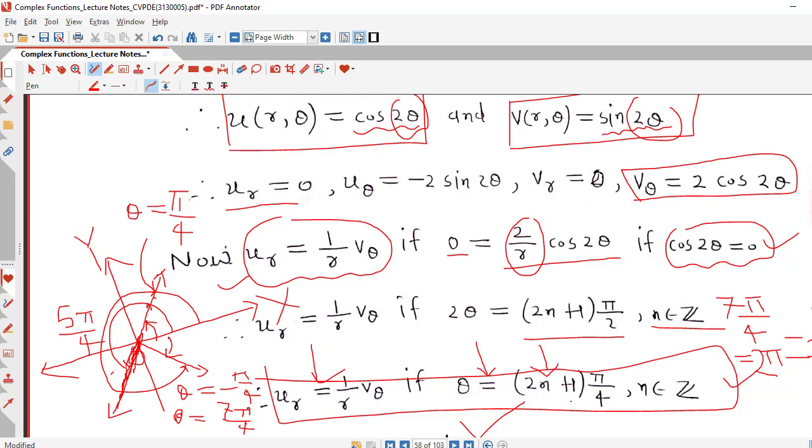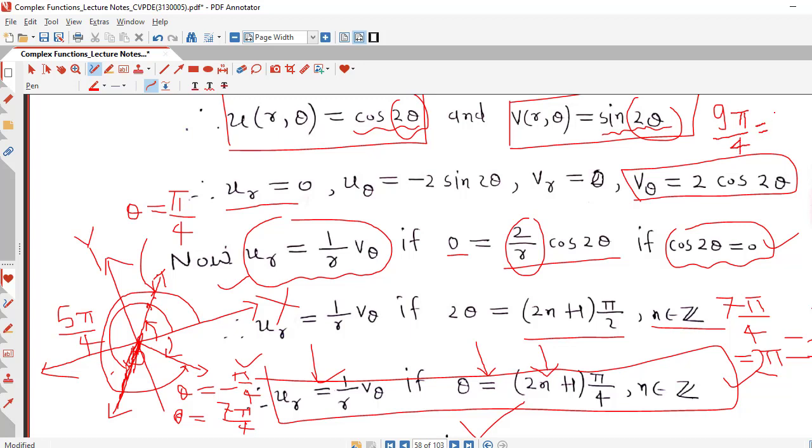Similarly, suppose we consider n equal to minus 1. For n equal to minus 1, we will obtain theta equal to minus pi by 4. That is fine. And if I consider n equal to 3, then I will obtain 7 pi by 4. If I consider n equal to 4, then I will obtain 9 pi by 4. And what is 9 pi by 4?